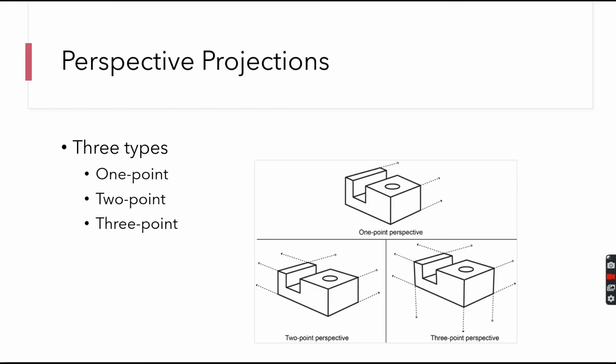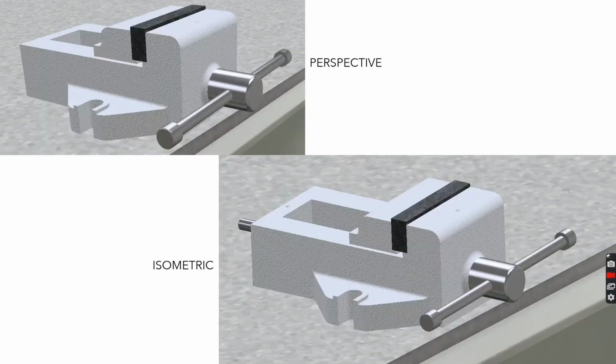Perspective: we have 1 point, 2 points, and 3 points. In 1 point perspective, they all go back the same. In 2 point perspective, we go this way and that way. You see that it's a little less distorted. And then 3 points is the most realistic drawing or realistic view. Here's an example of two drawings in Inventor.